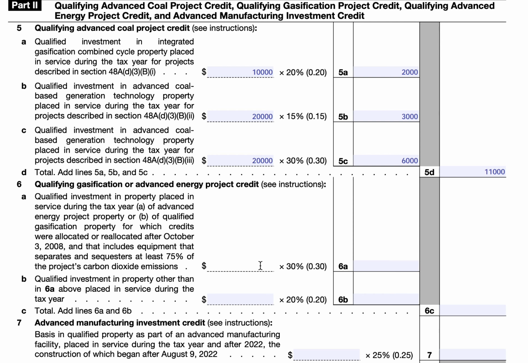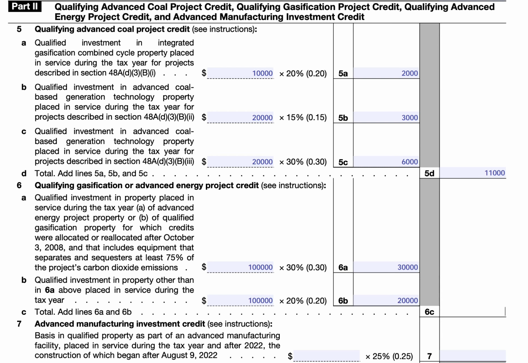If there's qualified investment property other than whatever qualifies under 6A, then it's eligible for a 20% tax credit. So let's just assume that we spend $100,000 in each category. So that means we'll take a $30,000 credit up here, and we'll take a $20,000 credit on 6B, and then we'll add those together, and we get a $50,000 tax credit.